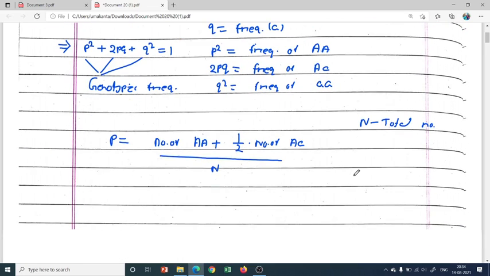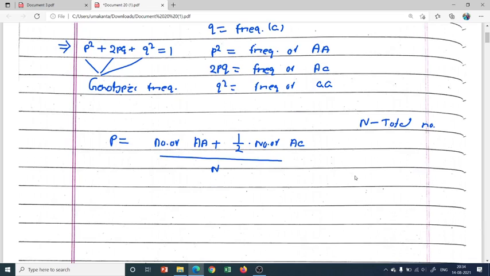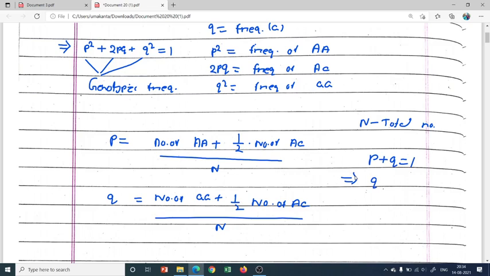Likewise, we can calculate q in the same way: the number of small a plus half into the number of capital A small a, divided by n. Or we know p plus q is equal to 1, so if we know p, then q is equal to 1 minus p.